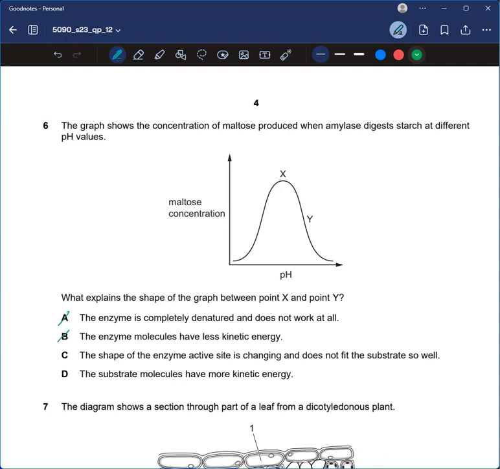See, the shape of the enzyme active site is changing and does not fit the substrate so well. So we know that if we increase or decrease the pH from its optimum pH, the shape of the enzyme would denature.